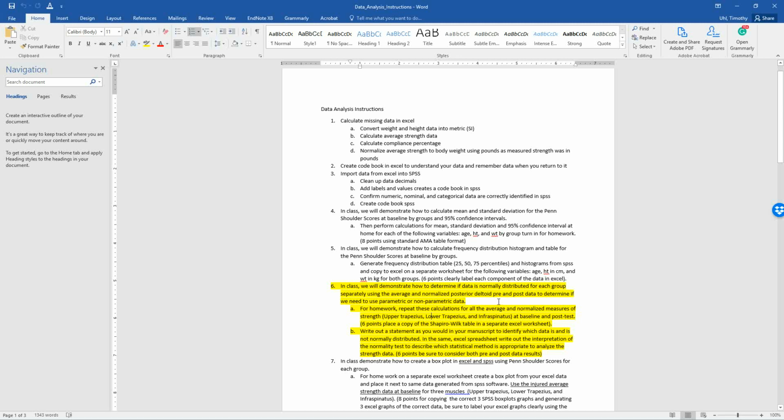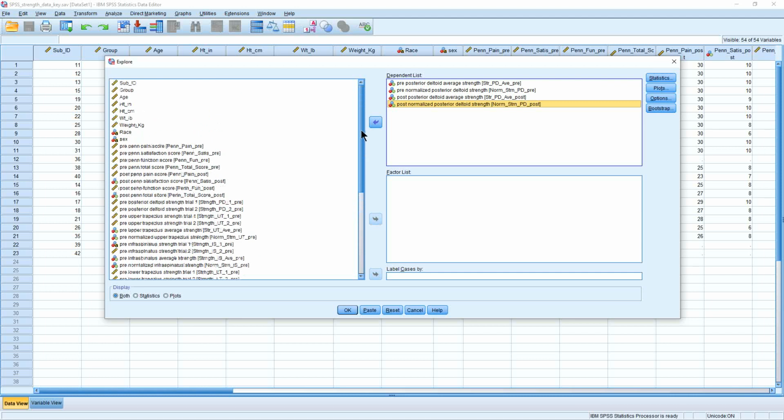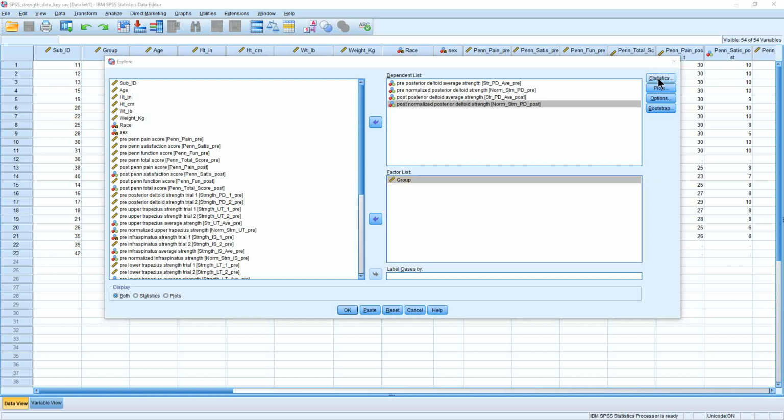When I showed you how to do this as frequencies, I split the file, but because the data has a factors list, which is the independent variable, and this is the dependent measure, these are our measurements, I don't have to split the data, it will do it as part of the analysis. So I'm going to put my group in here. So now I have all of these by group.